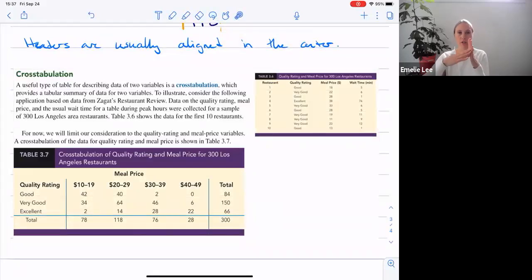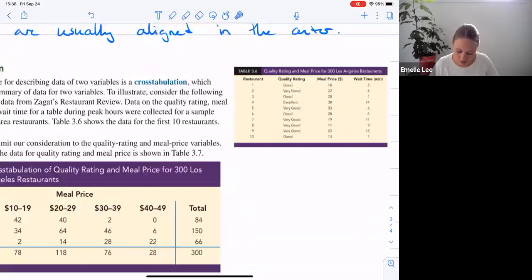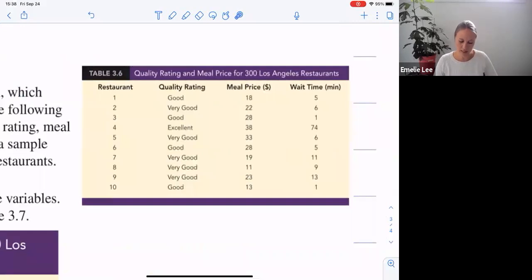A cross tabulation requires two variables, and we're going to talk about two categorical variables for now, which is the most common for a cross tabulation. If we look at this data set, it's the first 10 restaurants for the quality rating and meal price for 300 Los Angeles restaurants. There are 300 restaurants, but this is just the first 10, so we get an idea of what the data looks like.